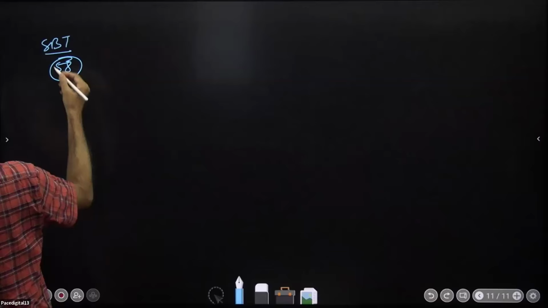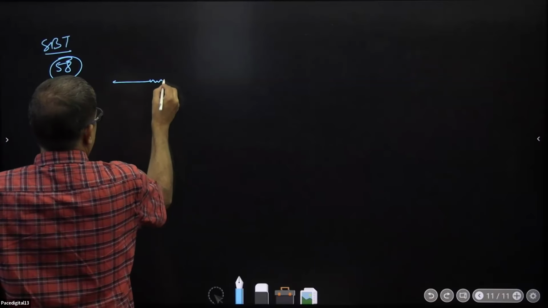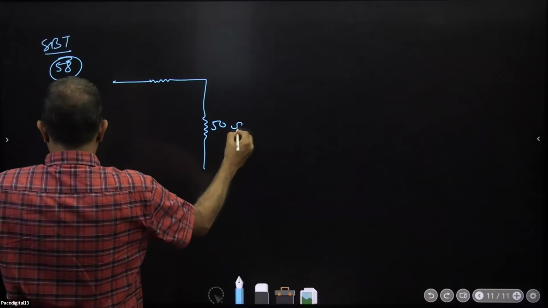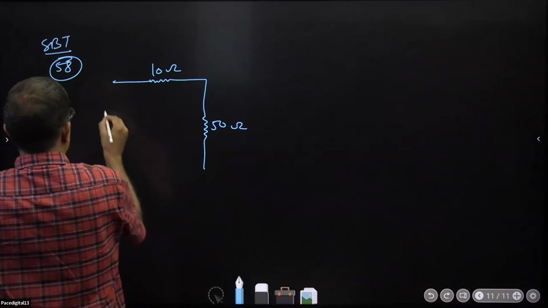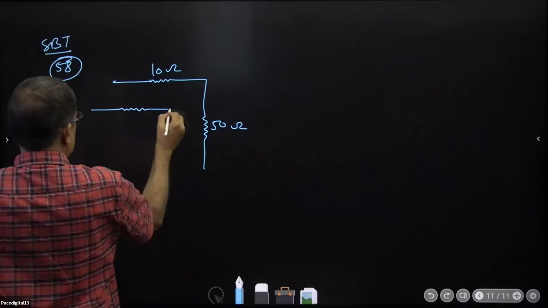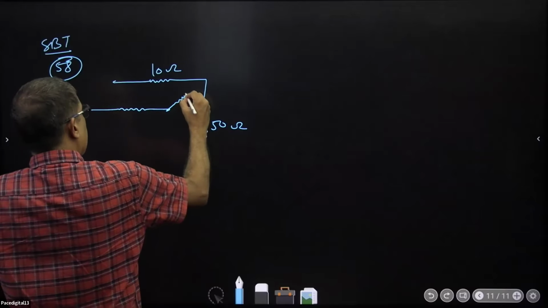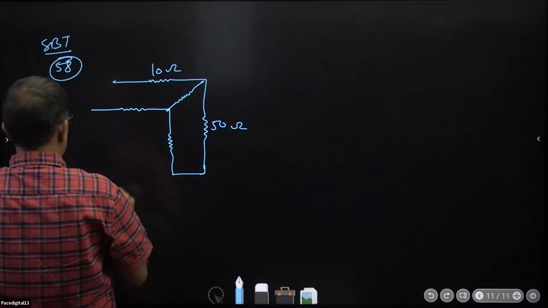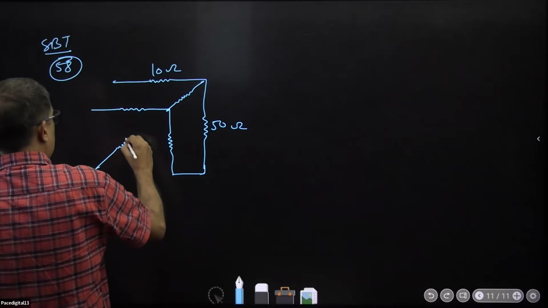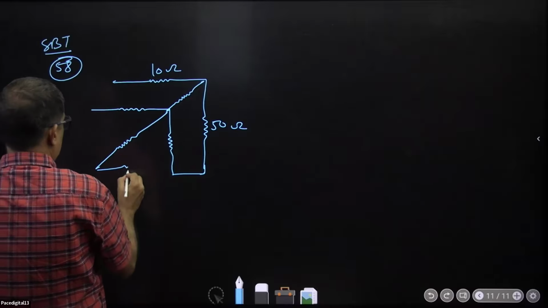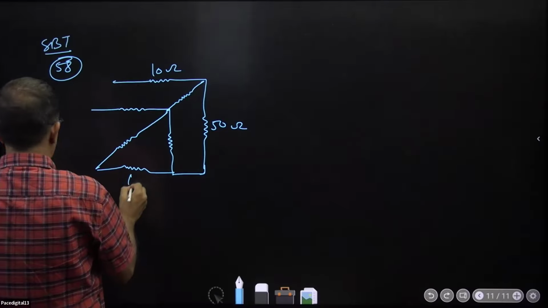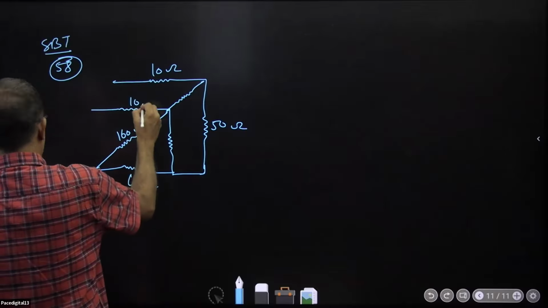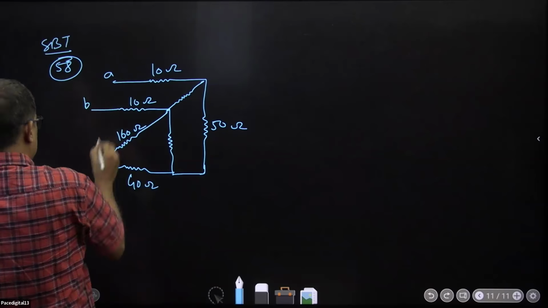SBT 58 question. 50 ohms, 10 ohms. Forty ohms, 160 ohms, 10 ohms.